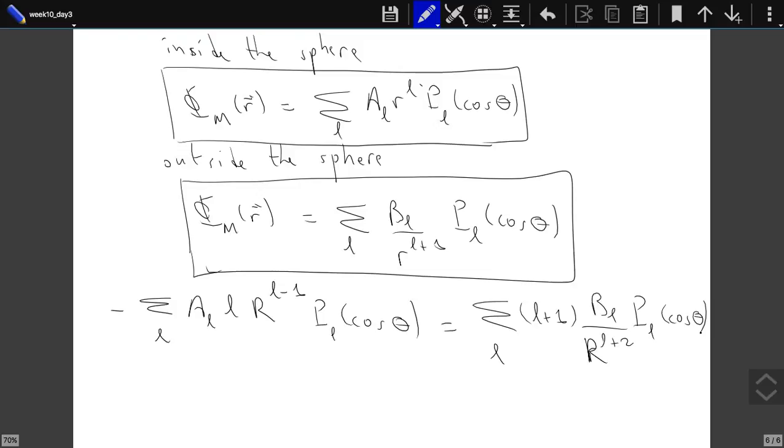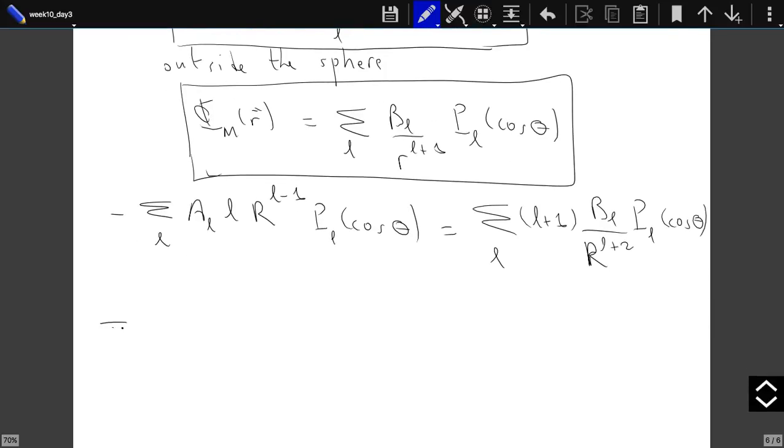So if you have two sums over Legendre polynomials, and if they are equal, the coefficients of the same Legendre polynomial on both sides should be equal. Otherwise, the equality cannot hold for all values of theta. So this basically tells us that A_L times L r^(L-1) plus (L+1) times B_L divided by r^(L+2) should be equal to 0.